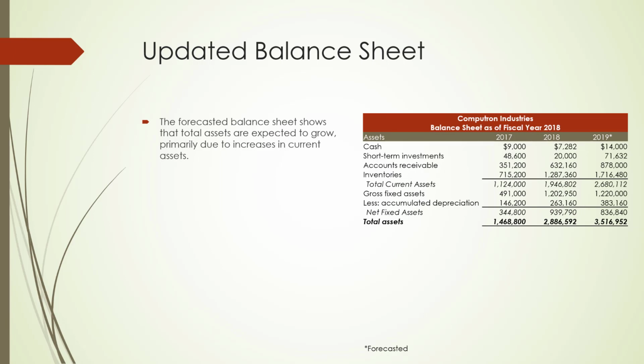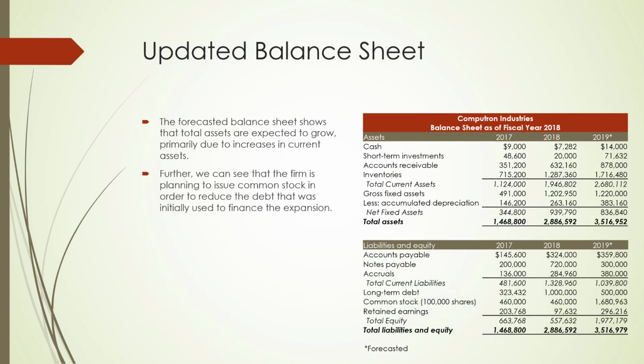On the balance sheet, we can see that total assets is going to grow as well. And a lot of that growth in total assets comes from your current assets. So for example, the accounts receivables and inventories are both going to grow by quite a bit. On the liabilities and equity side, we can see what I was talking about a minute ago.